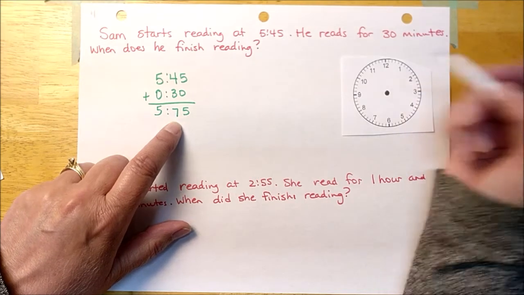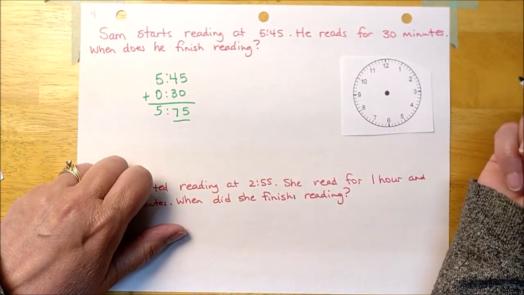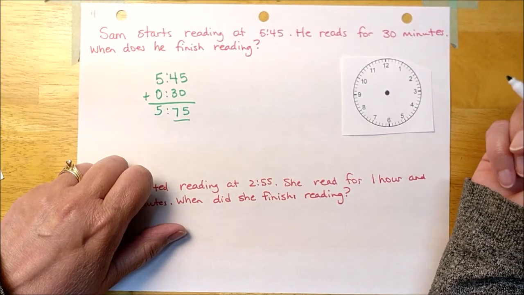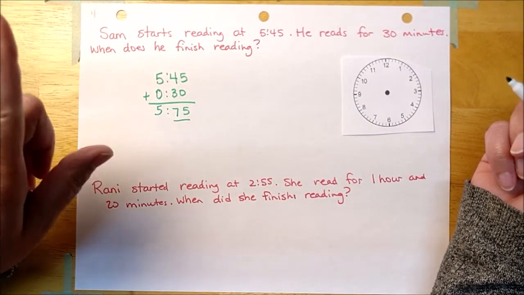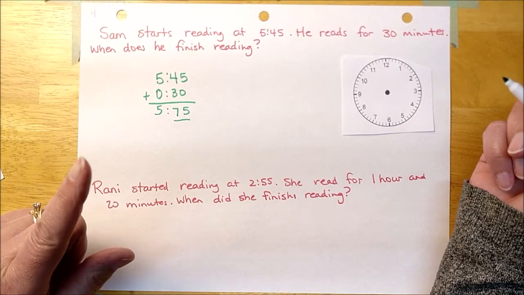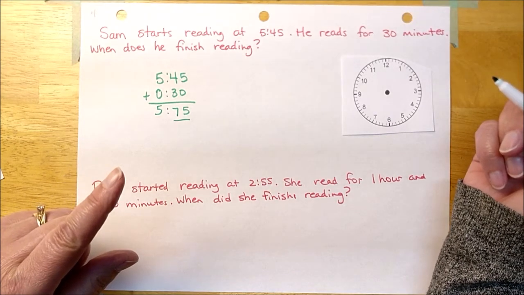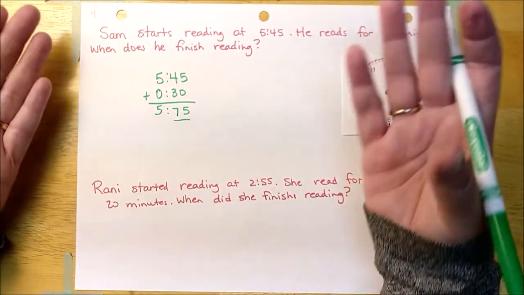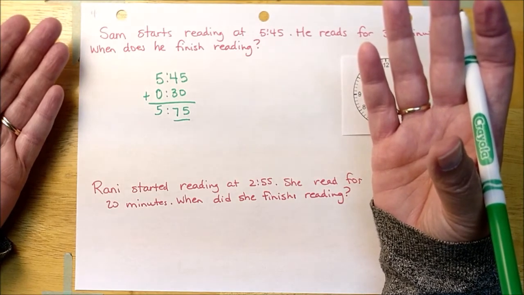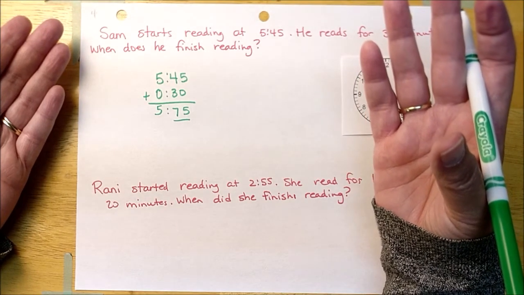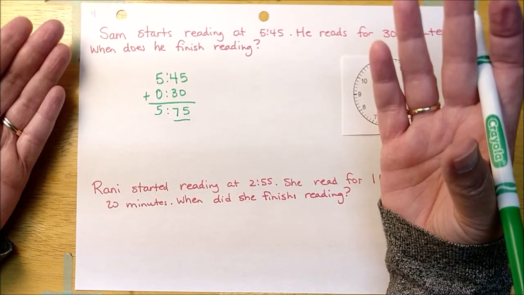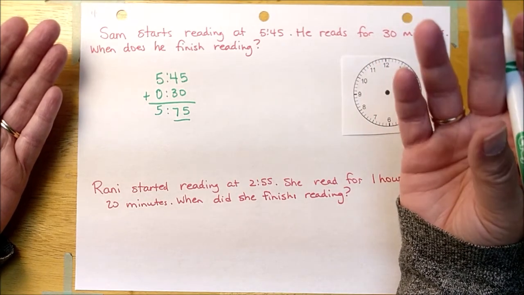So how can we fix the problem? We've got 75 minutes here. How can we fix that problem? Wait a minute. We do this in adding all the time. When a number gets too big, we regroup the tens. Oh, maybe we should do something similar with this.